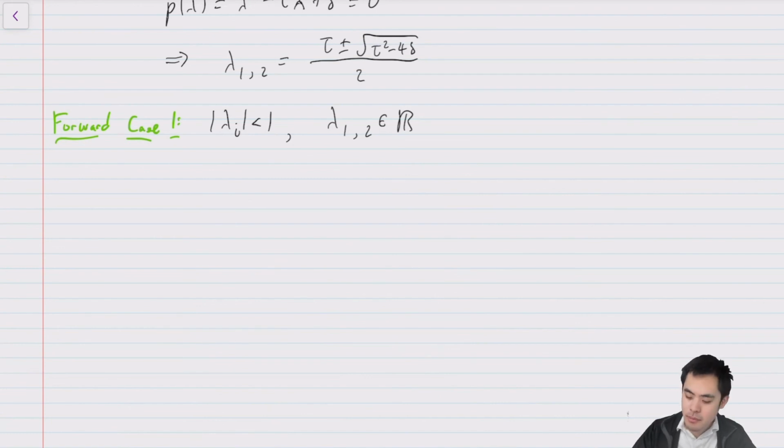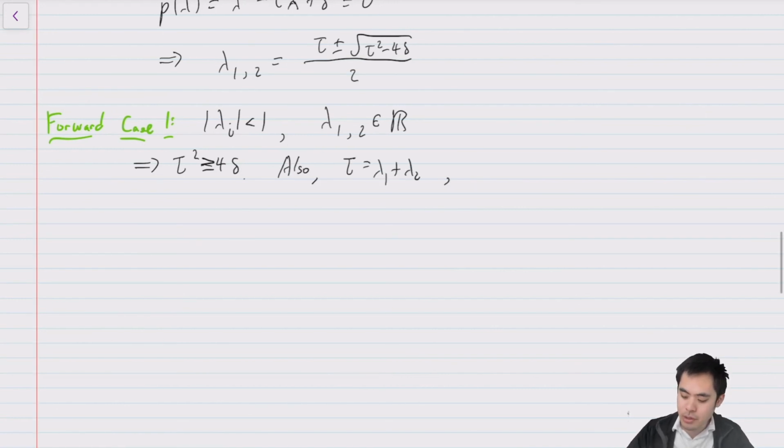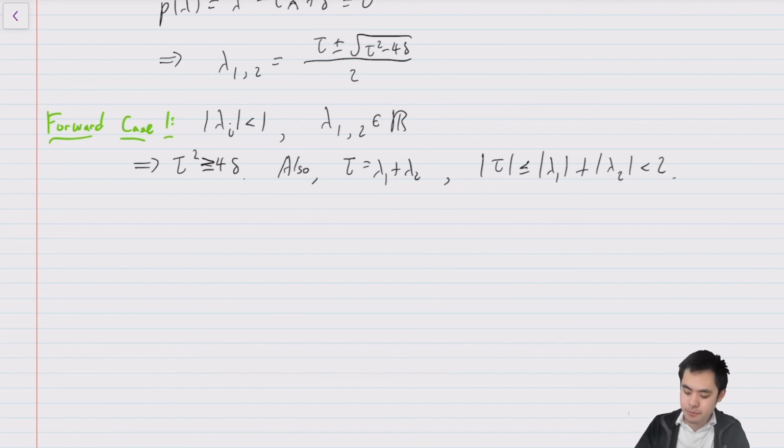This in turn implies that tau squared is greater than or equal to 4 delta, because tau squared minus 4 delta has to be greater than or equal to 0 in order for the eigenvalues to be real. Also, we have that tau is equal to lambda 1 plus lambda 2. So the absolute value of tau is less than or equal to the absolute value of lambda 1 plus the absolute value of lambda 2, which is less than 2. That's by the triangle inequality.